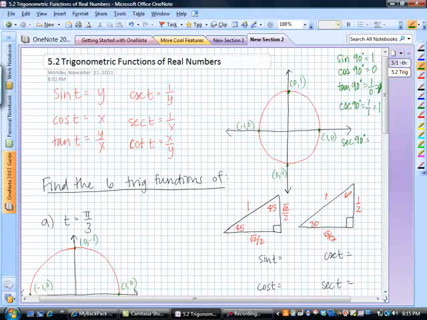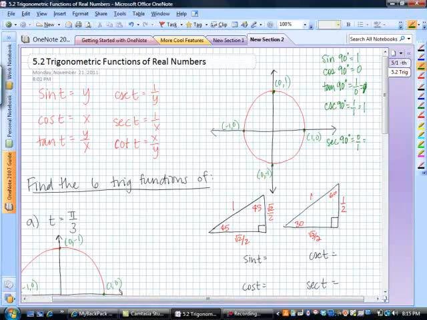In this case, the x value is 0. So the reciprocal of 0 over 1 is 1 over 0, which again is undefined. So there is no secant of 90 degrees. There's no tangent of 90 degrees or secant because you get 0 in your denominator.